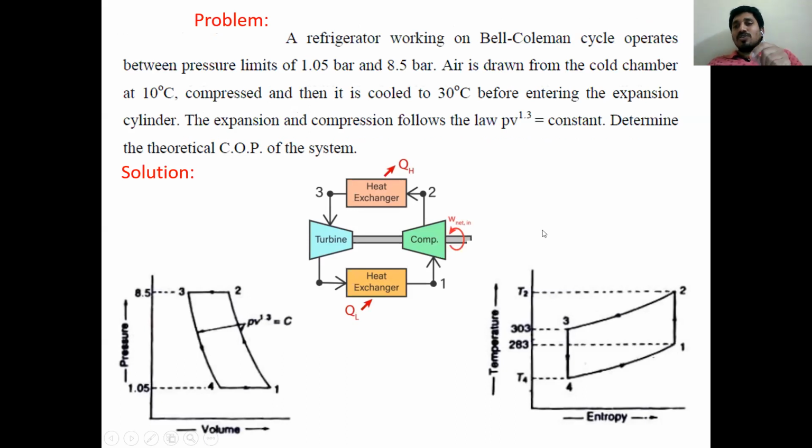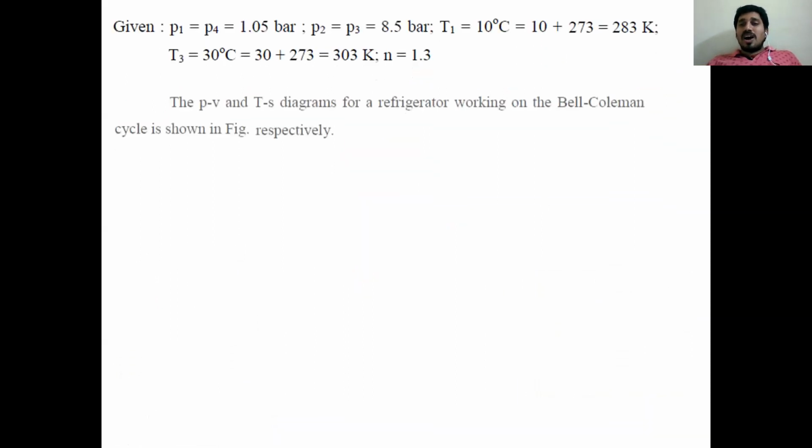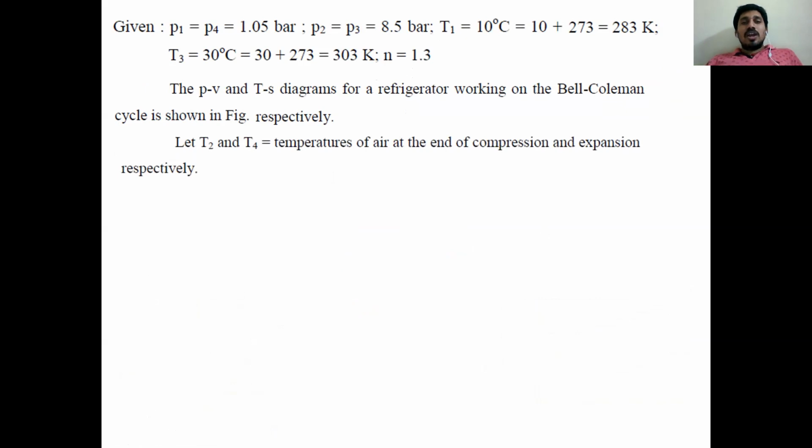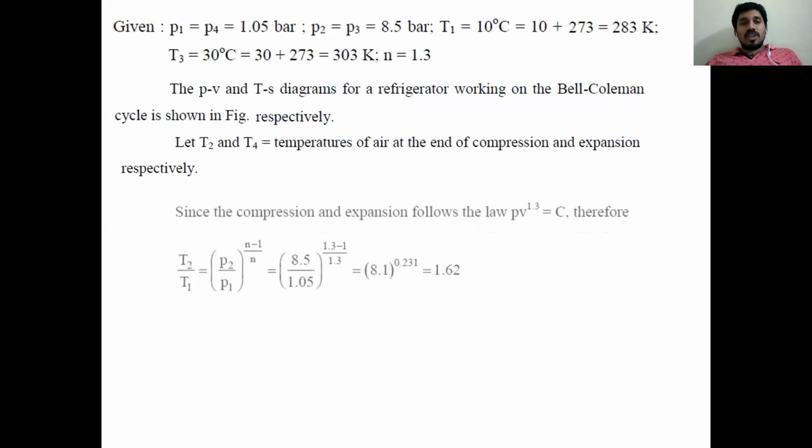Still, we need to calculate two more values, T2 and T4, with the given data, where T2 is the temperature after compression and T4 is the temperature after expansion. T2 and T4 are temperatures of air at the end of compression and at the end of expansion respectively.